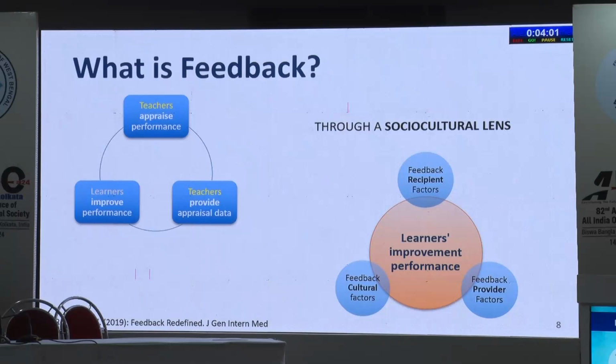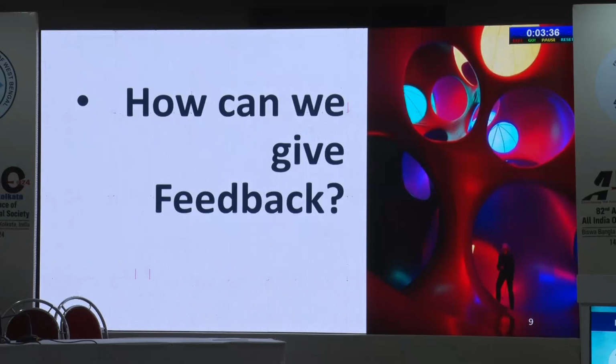There is the sociocultural lens, where the learner's improvement is at the center, and there are several specific and different aspects: the recipient, the trainee that receives feedback, the provider, and also the overall cultural lens that embodies, for instance, the culture of the organization where we work.